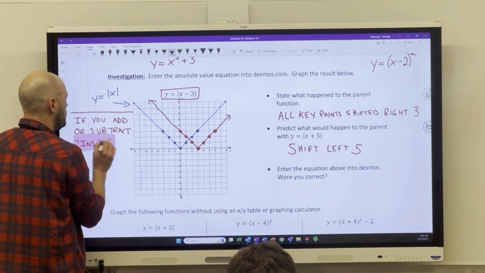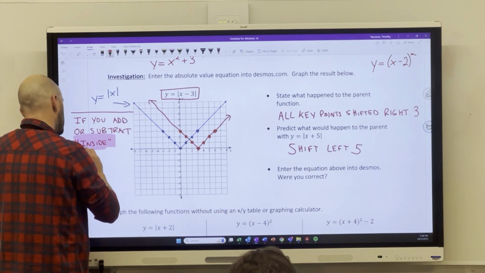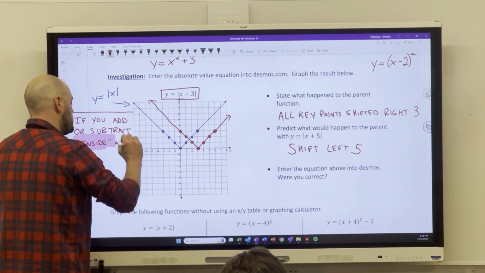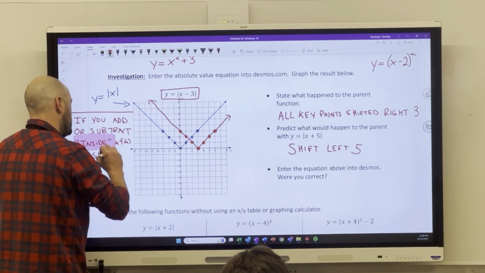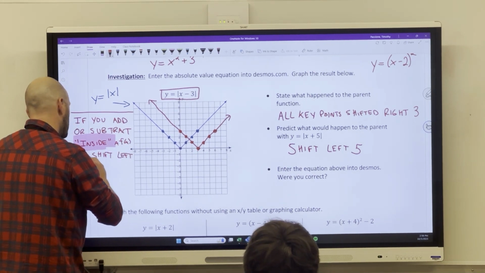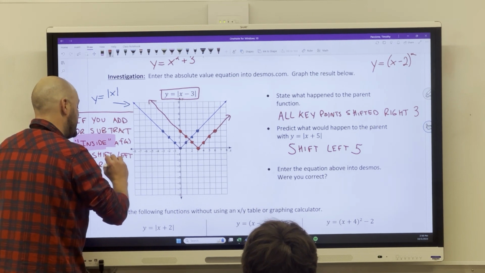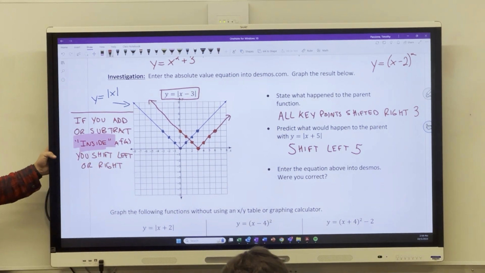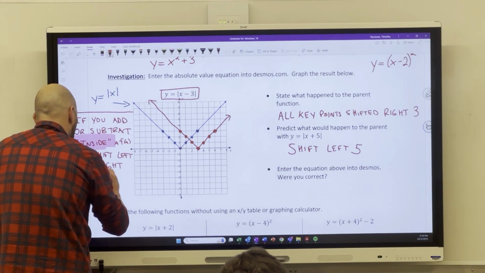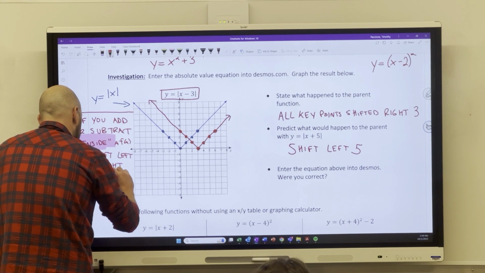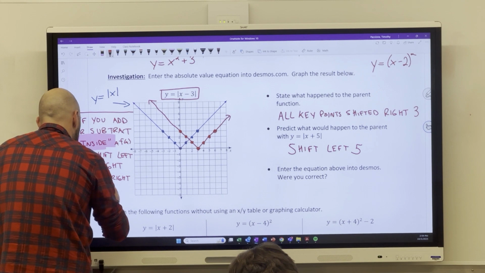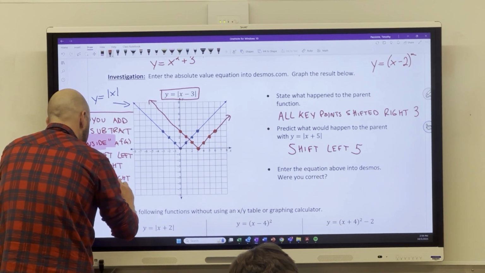Now you shift, inside a function, you shift left or right, and the key thing to remember is it's kind of the opposite of what you think might happen. If you're negative, you should go right. If you're positive, you go left. Okay?